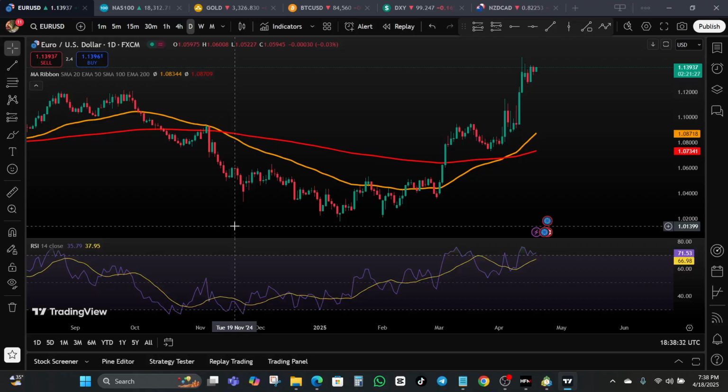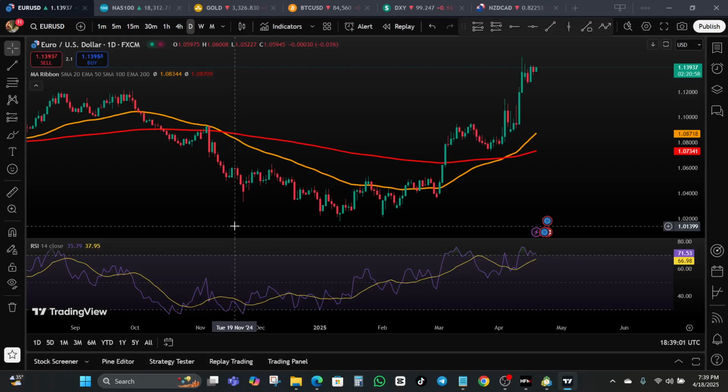You can also use your MACD to validate the move before entering. Maybe you have your histogram bars above the zero level as well, with the bullish crossover, your MACD line crossing above the signal line. And then your Bollinger Bands can also serve to watch out for potential breakouts or bounce setups. So it's actually good to get confirmations. Together, these tools create a strong system for timing entries and exits more precisely.